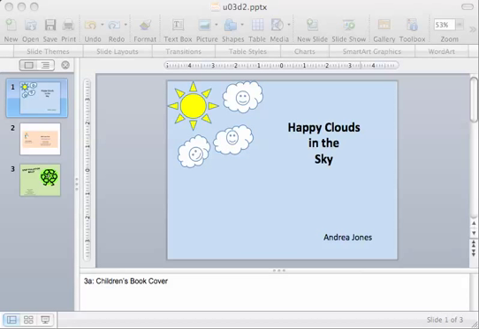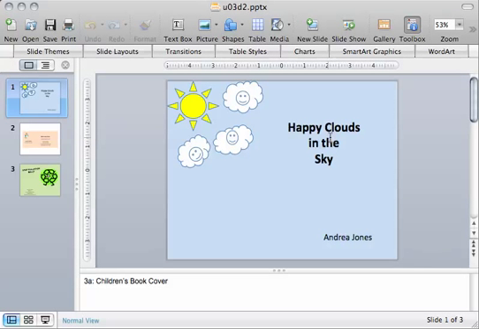We're looking at happy clouds in the sky. Think about composition, visual flow here, and how book covers are usually laid out. They're usually vertical compositions rather than horizontal compositions.